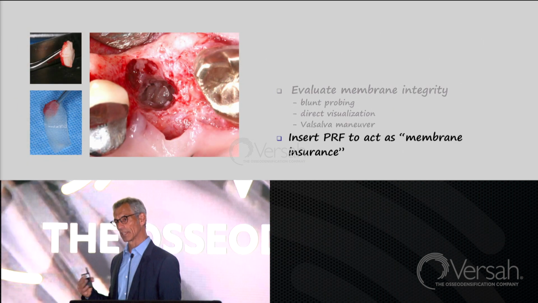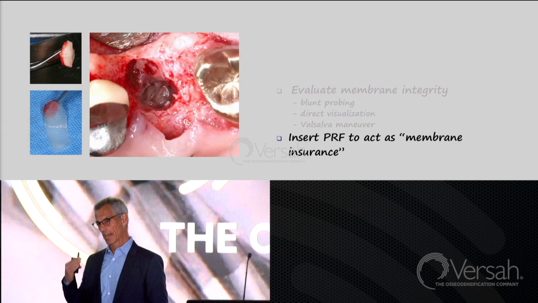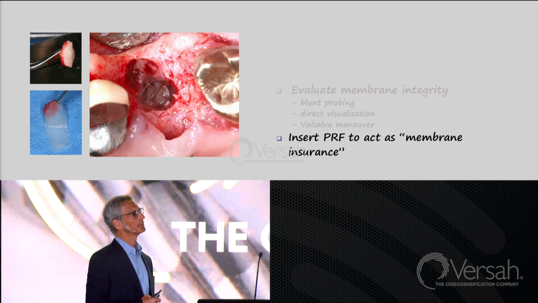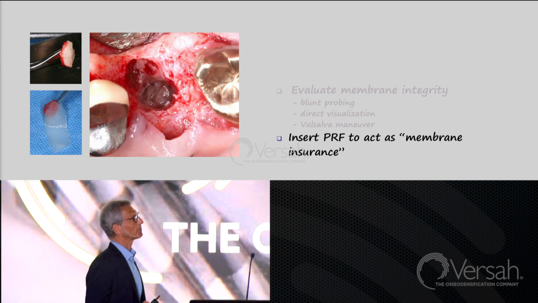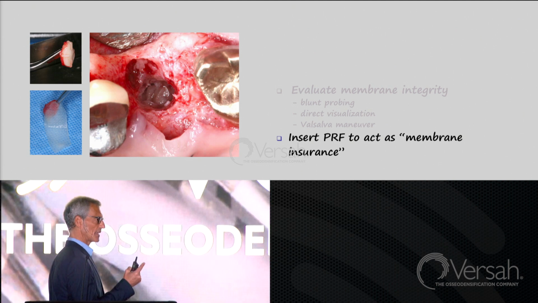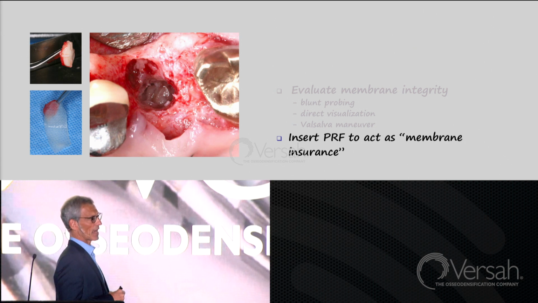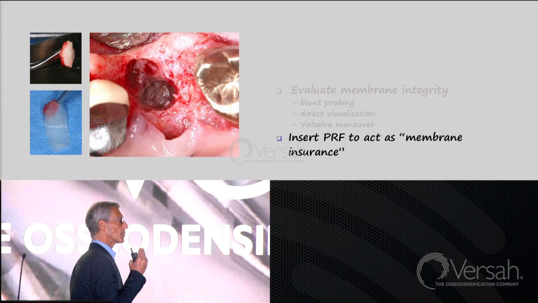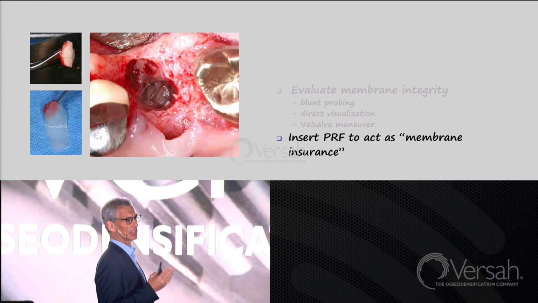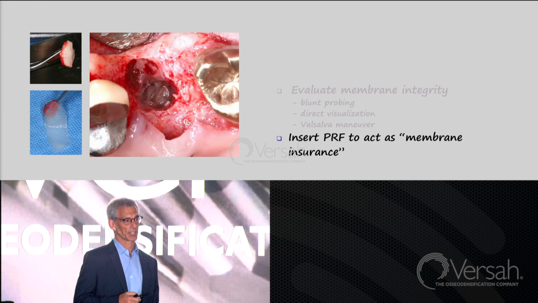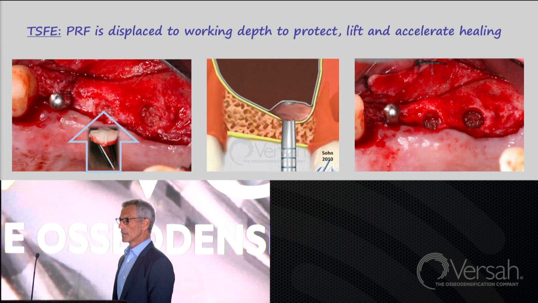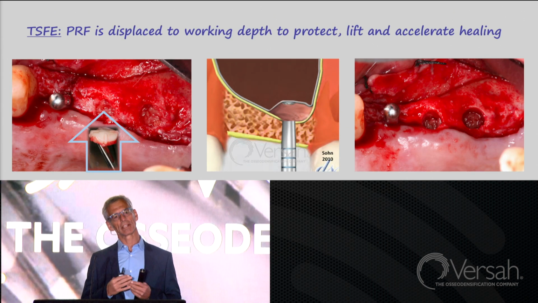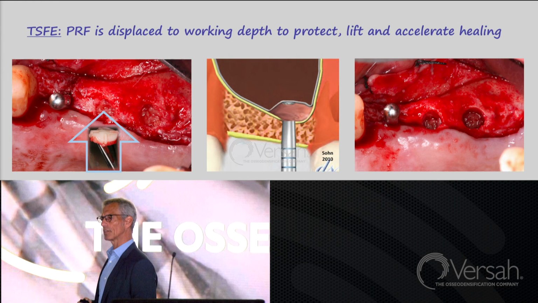That is why, for the last 15 years, thanks to Dr. Mazur and Dr. Shkroon, I have used PRF, and it is the first thing that goes in my sinus grafts, lateral or transcrestal, to protect the membrane, possibly seal a small, undetected tear. The PRF is displaced to working depth to protect, lift, and accelerate the healing.